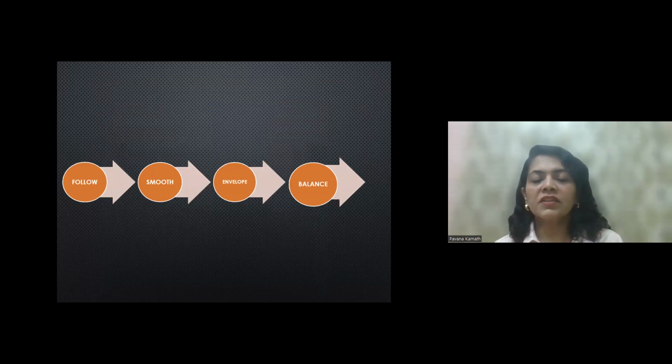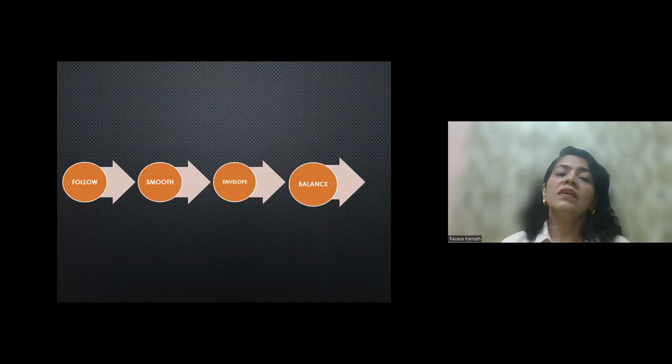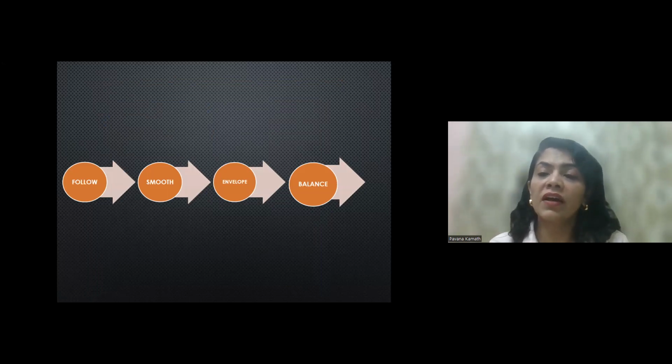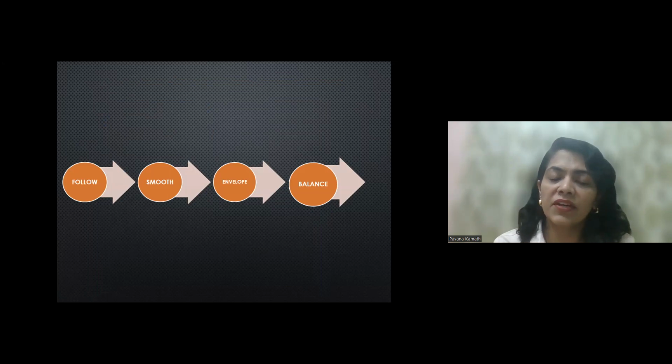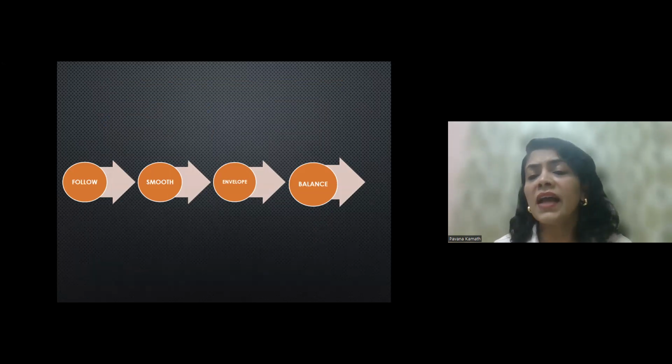So basically, the process of establishing a reproducible glide path is nothing but negotiating the root canal, following the root canal to the apical terminus, using small vertical amplitude strokes to smoothen the root canal and enlarge it to number 10K file super loose, using the envelope of motions to establish or negotiate difficult anatomies, maybe dilacerations, maybe trifurcations, bifurcations, and creating a healthy balance.